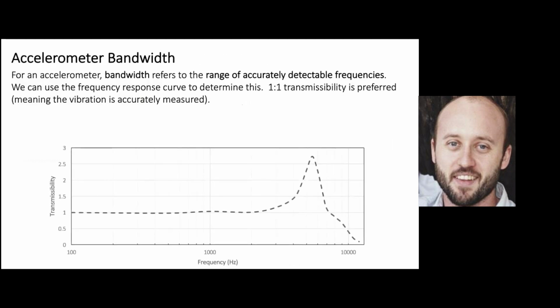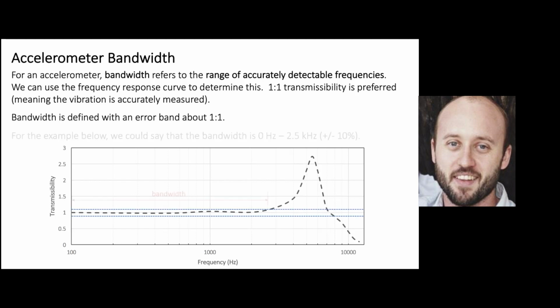So this is a real frequency response curve from a real piece of condition monitoring hardware. And we see that in this example, the bandwidth, the flat region, where we get about 1-to-1 transmissibility, goes to about 2.5 kilohertz. So that's 2,500 hertz.